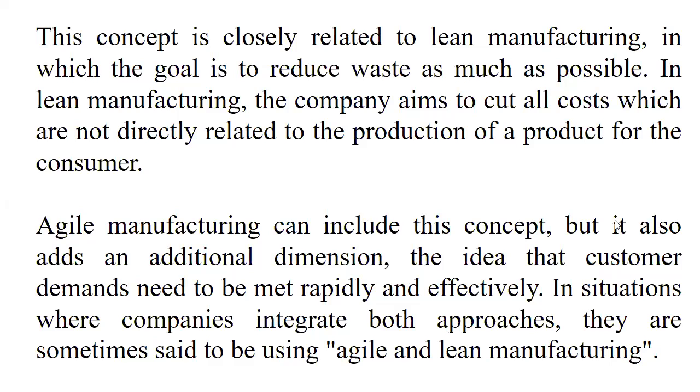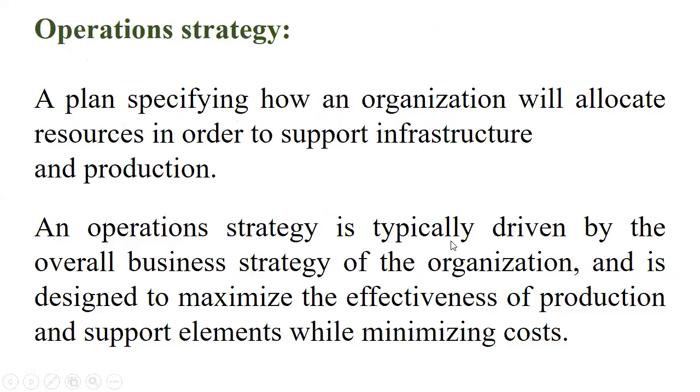Means the strategy used in agile and lean may be the same in a few concepts like cutting down the costs, but mostly lean manufacturing is internal, and when demand is not there, we are going to produce less. Agile manufacturing is also producing less, but according to the customer. If the customer wants, he is going to manufacture that. That is agile manufacturing.